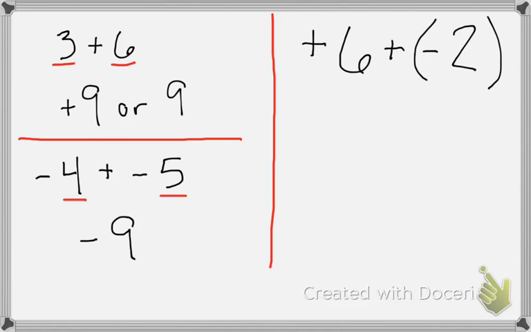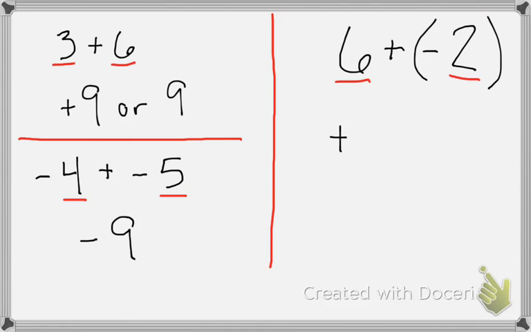And you might see positive 6 with the positive symbol or without. It just depends. If you see that kind of situation, you say, okay, I have positive 6 and negative 2. How will I determine the sign of my answer? Well, I have to look at the magnitude. 6, 2. Which has a greater magnitude? 6 does. So we're going to keep the sign of that number. Positive 6 has a larger magnitude, so my answer will be positive.